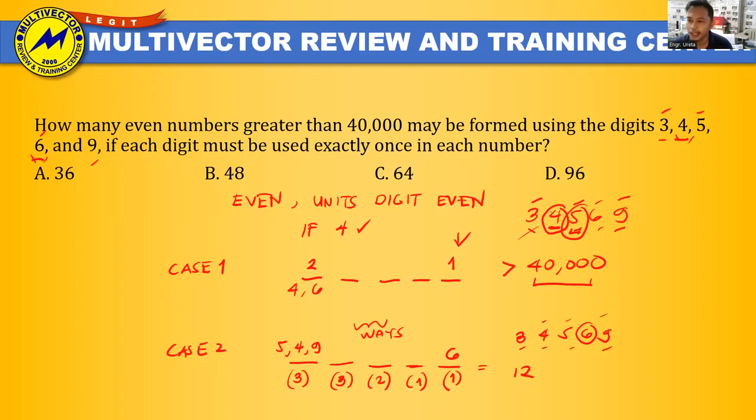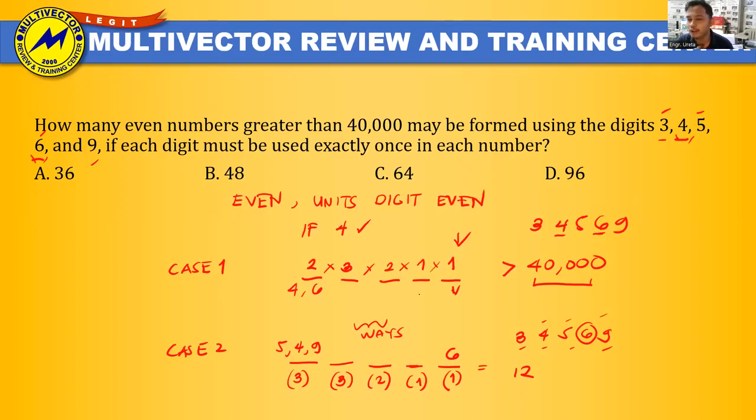Kung napili na yon, isusulat ko na lang to ulit. So 3, 4, 5, 6, and 9. Kung napili na yung either 4 and 6 dun sa 10,000 unit, and napili na yung another even digit for the unit digit, so yung remaining number of digit dito, kung napili na yung dalawa is 3, then dito is 2, and dito is 1.